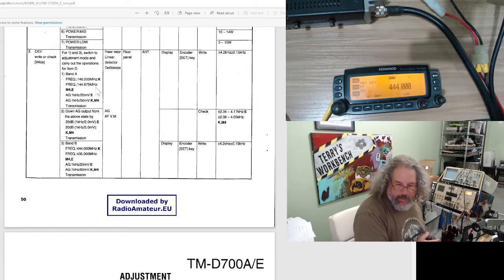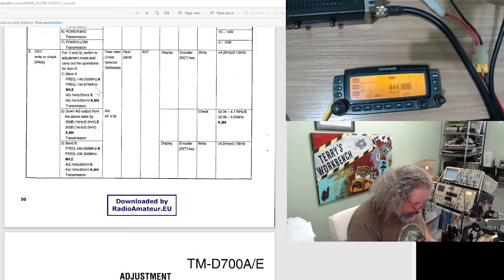Well, that's problematic. One of the problems that I have with this thing is it will not lock on UHF in the presence of strong signals.